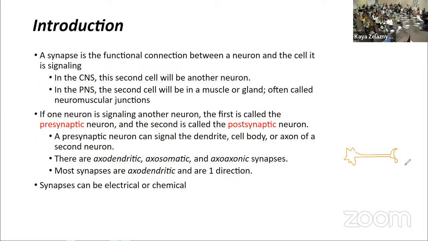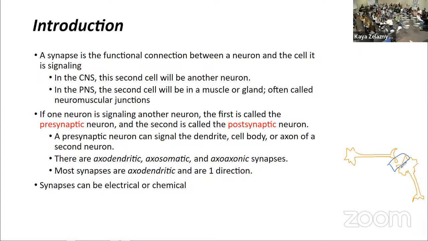So we're just talking first about, for example, a neuron signaling to another neuron. So our synapse is a physical space where that communication occurs, that connection. So we're talking about this zone right here, that connection between the neuron and the cell that is signaled.